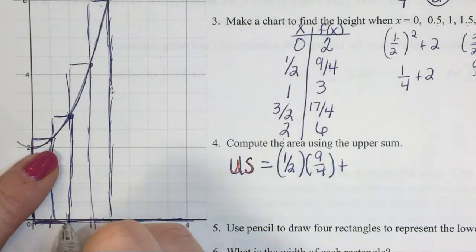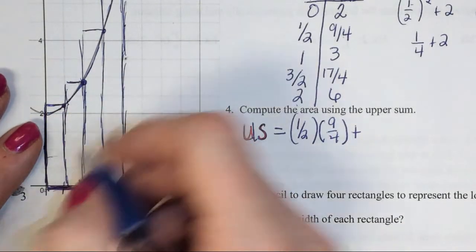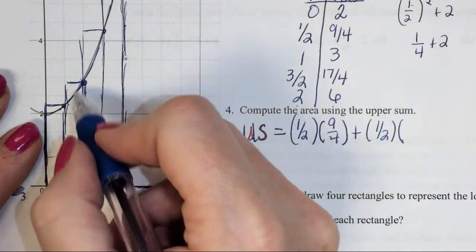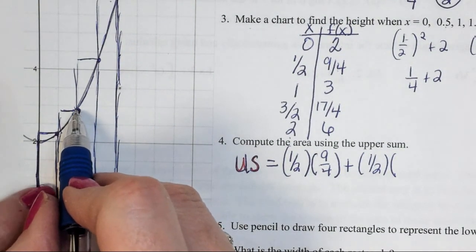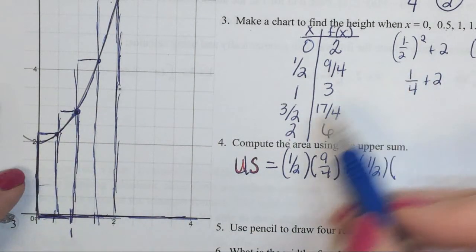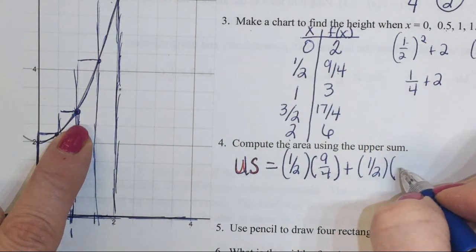Plus my next one, base times height. Well, that base is 1/2. What's the height going to be? For this one, what's the height? When x is 1, what's the height? 3.